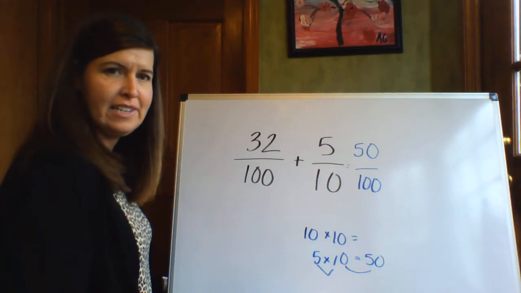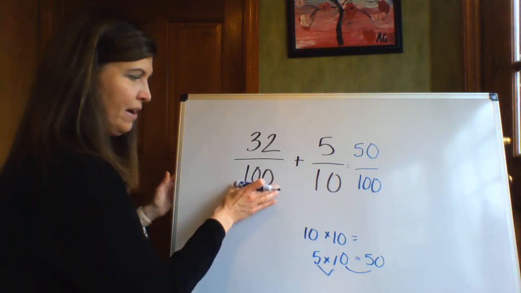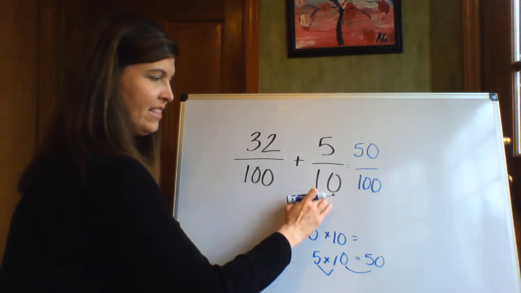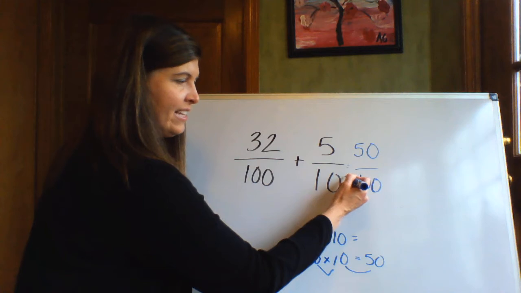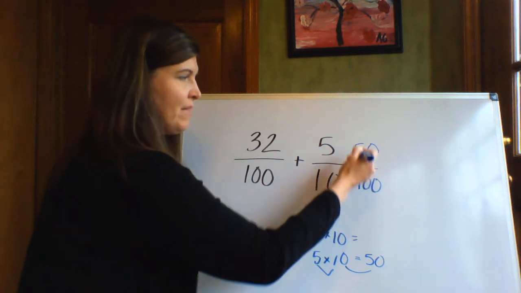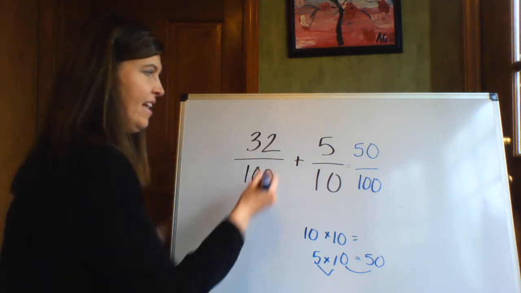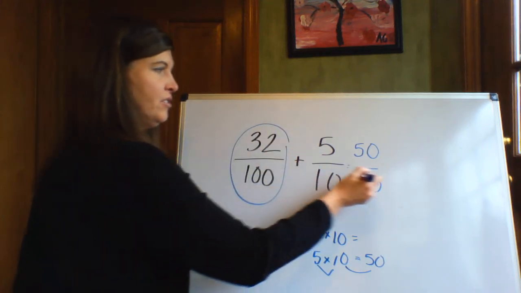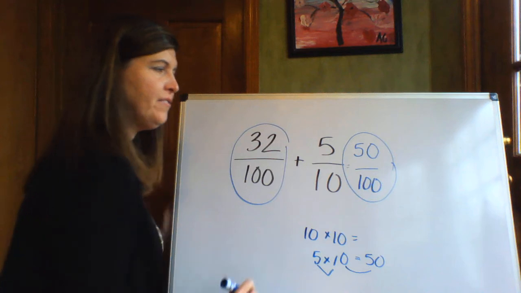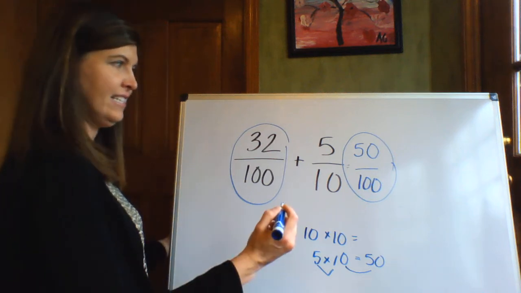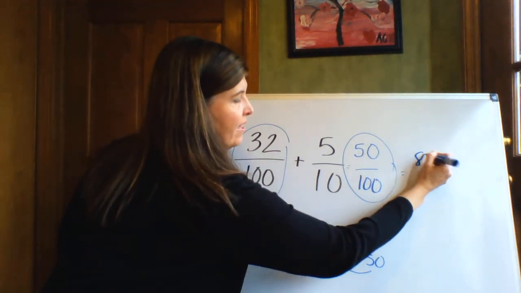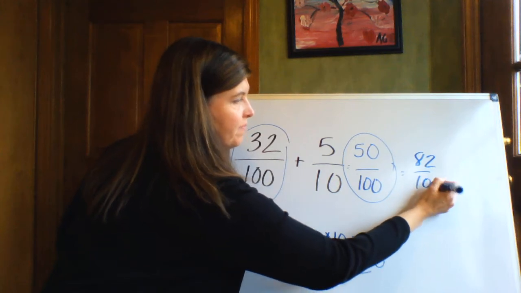So do you guys see what I did? When I'm dealing with tens, with this fraction, I can just add a 0 at the bottom and a 0 at the top, which are my powers of 10. Then I'm going to add 32 hundredths and 50 hundredths, and it makes 82 hundredths.